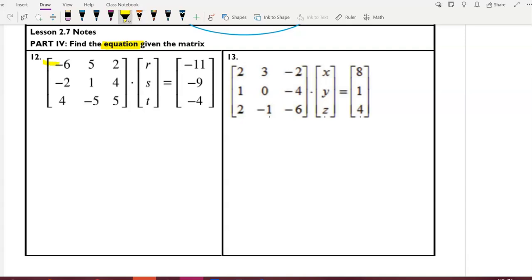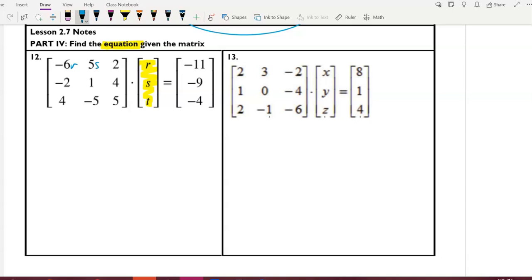So this is going to be our first equation. And then our second equation will be the second line, and the third equation will be our third line. So what's happening here is we have R, S, and T in that order.